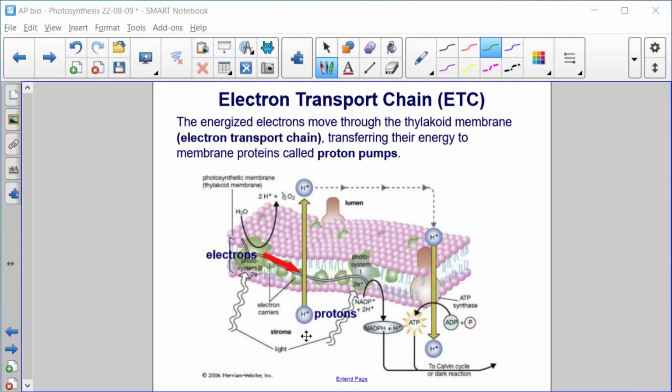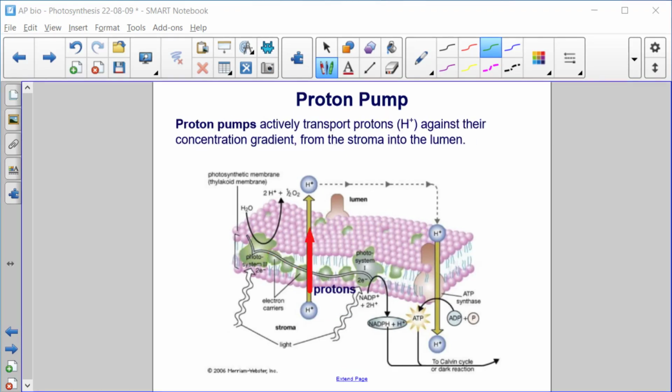So you see these protons moving across the membrane this way. The motive force of those electrons moving in this electron transport chain gives the energy required to move these protons across the membrane from outside in.